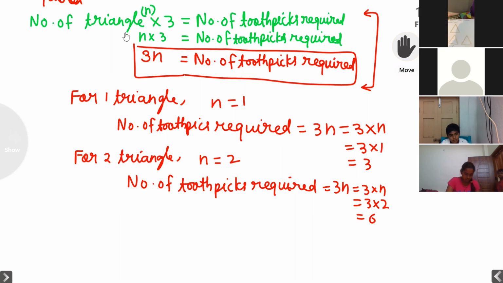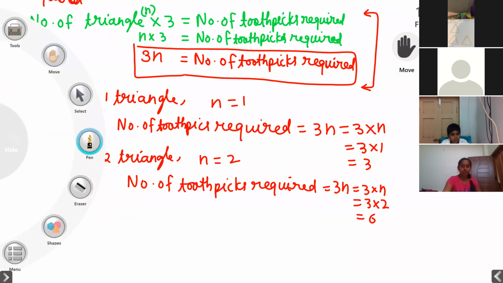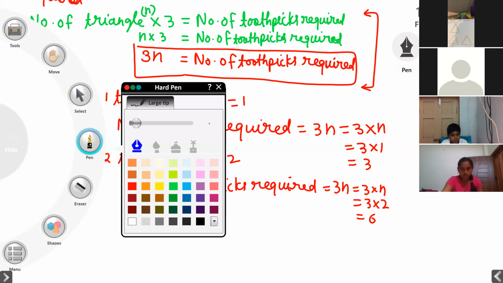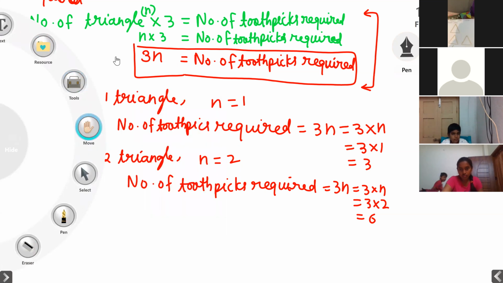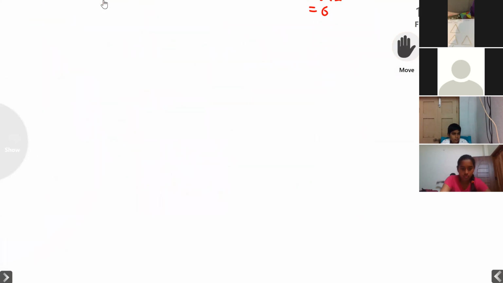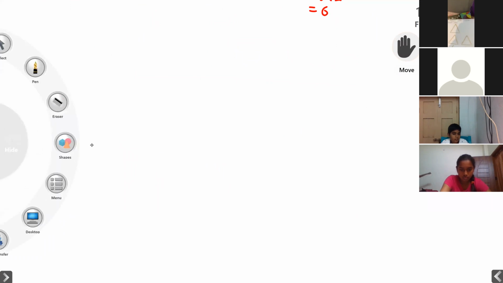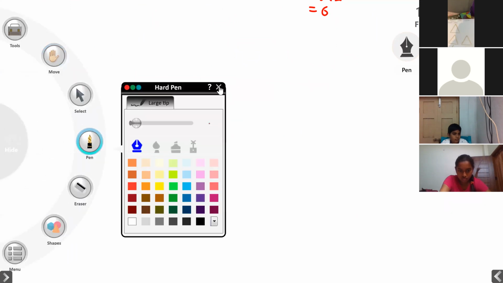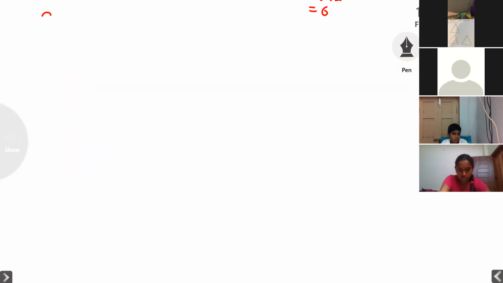Next, the square pattern. Again, on the A4 size paper only, draw the square pattern.